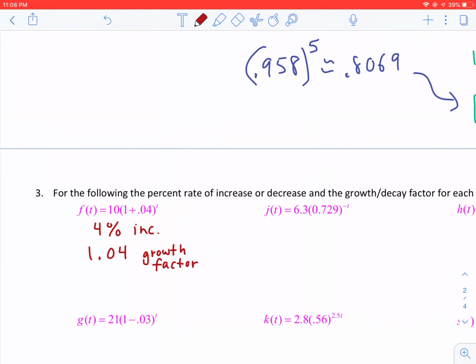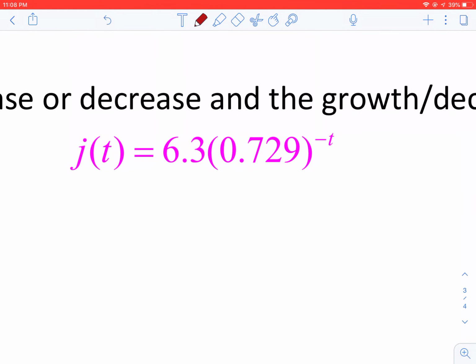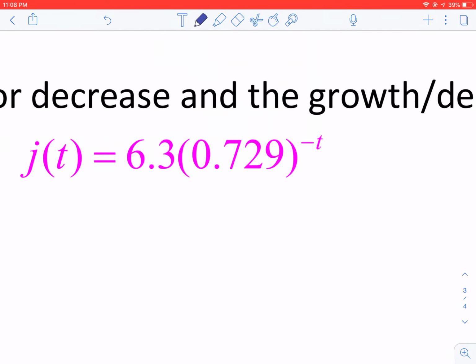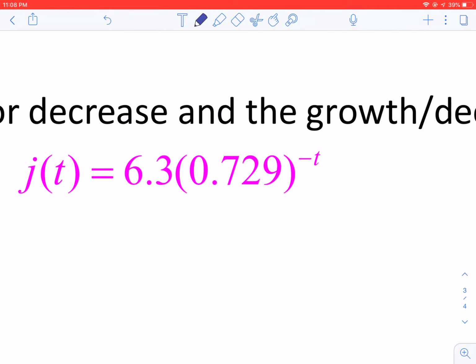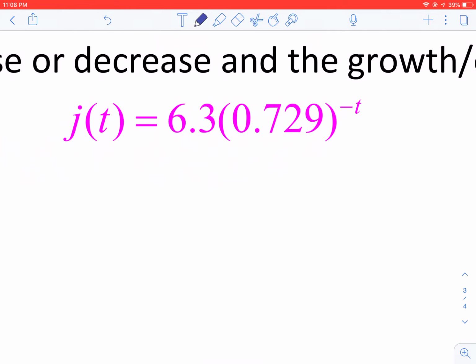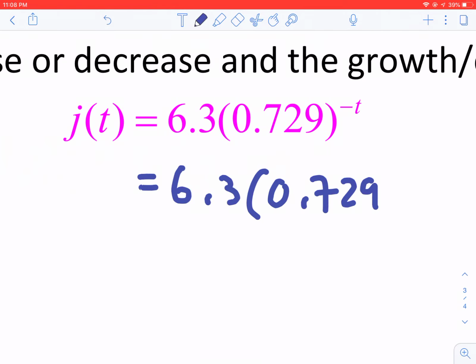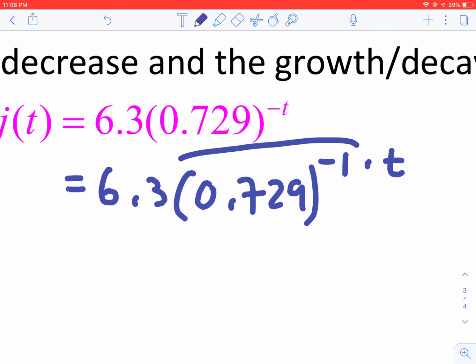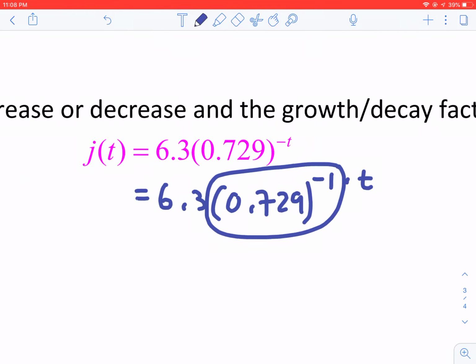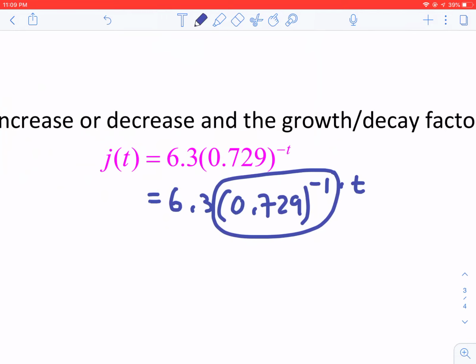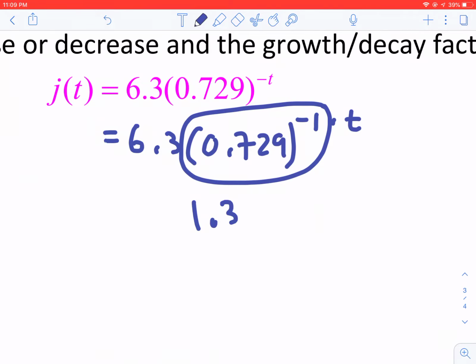All right, the next one. This is just written weirdly with a negative here. If you follow order of operations, we can rewrite this as 6.3 times 0.729 to the negative first power, to the t power. To get the actual rate of increase or decrease, I need to figure out what 0.729 to the negative first power is. It is 1.37174.